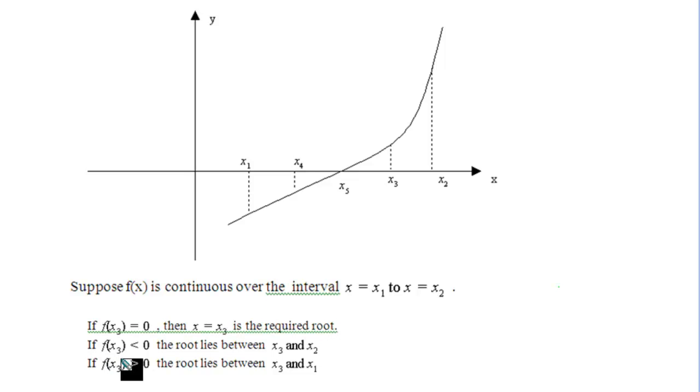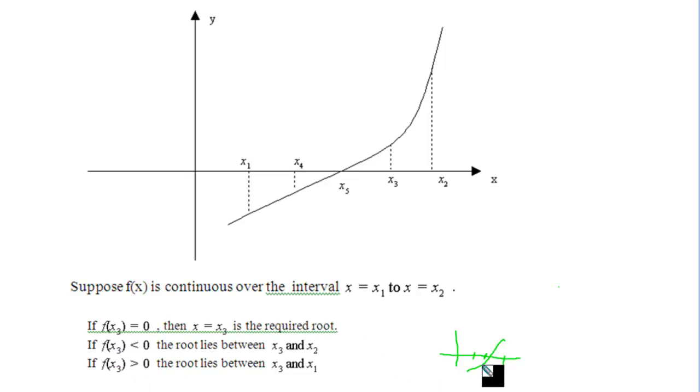If f(x3) is less than 0, that means x3 is still negative, which means we've picked x1 and x2, and we've got the midpoint, and the midpoint is still negative, which means the root must lie between the new point x3 and that point x2. So if it's negative, it replaces the x1 value as the one where it's going to be negative.